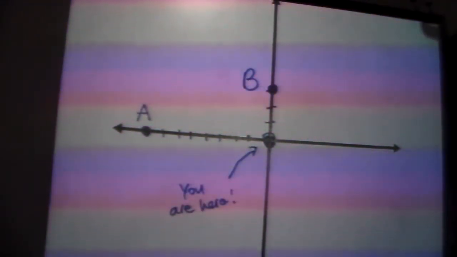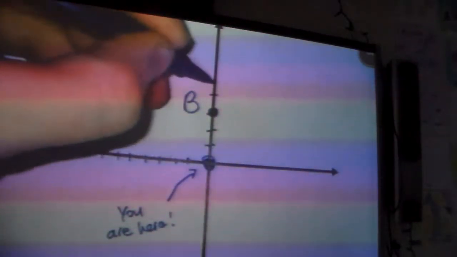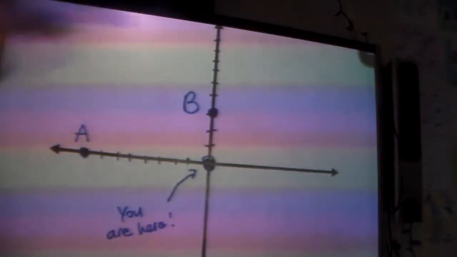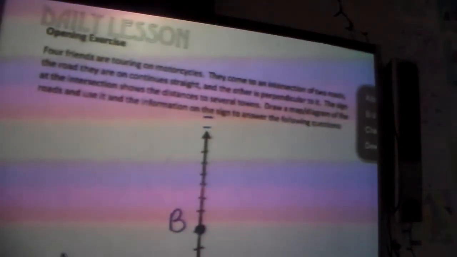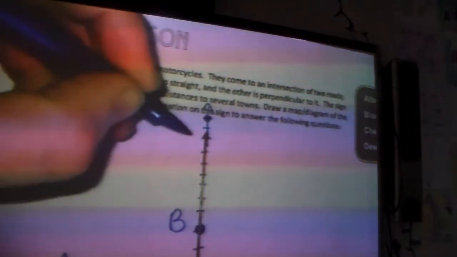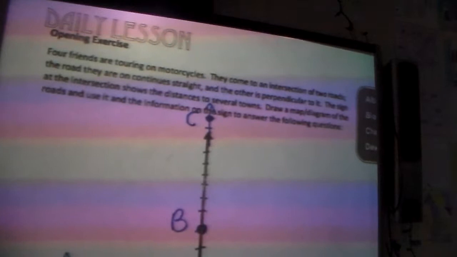It also says that another town is in front of us. It says Cheyenne is 12 miles forward. So 1, 2, 3, 4, 5, 6, 7, 8, 9, 10, 11, 12. I had to go off my coordinate plane a little bit there; maybe extend your line if it didn't fit. And there's Cheyenne, 12 miles up. I might label these just so I'm certain.